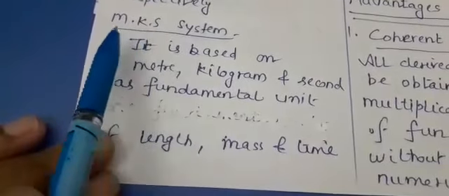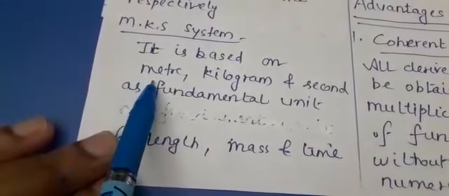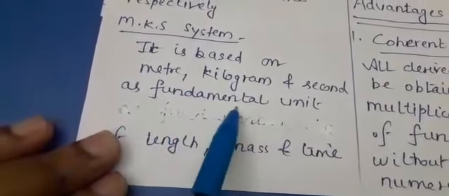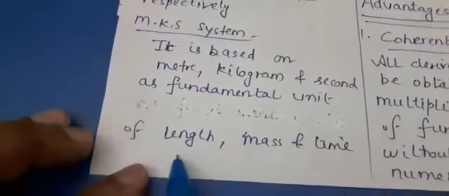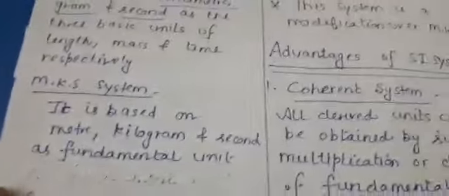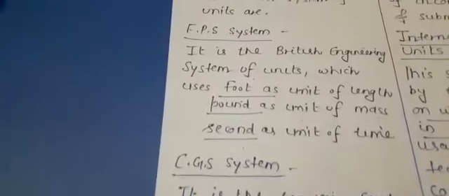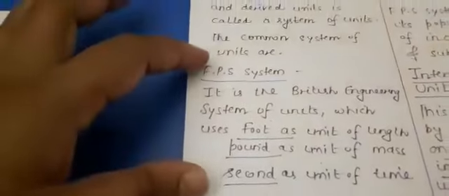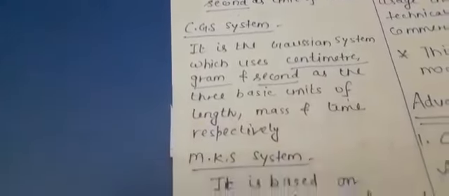So basically these are the units of fundamental quantities, that is length, mass and time. So here we have introduced three systems of unit. First is FPS, second is CGS and third is MKS.